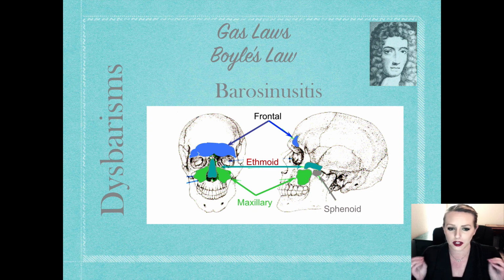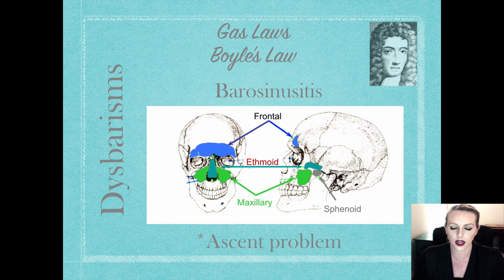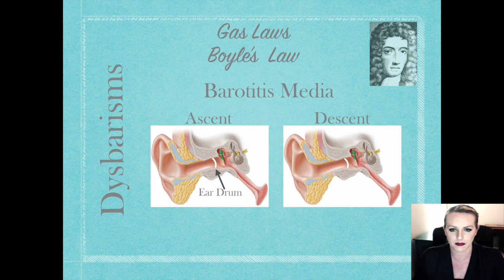You can actually rupture your sinuses because of this. Not good, sounds extremely painful. What we can do is the Afrin, the nose spray, just try and clear some of that up. But the best thing to do is if you're sick, don't fly. We need to know that this is an ascent problem. So this is when we're going up into atmosphere that this barosinusitis will happen.